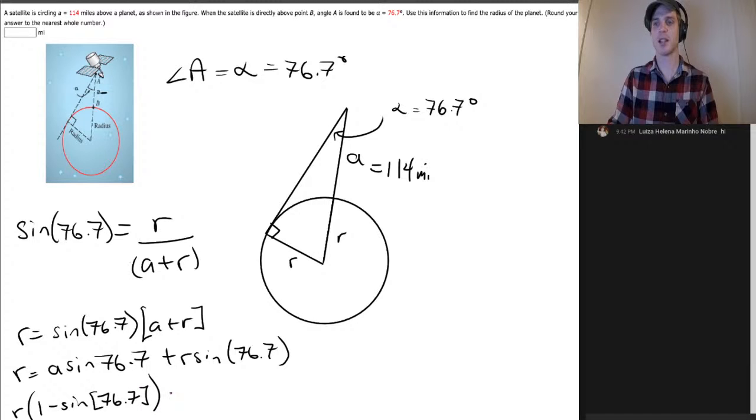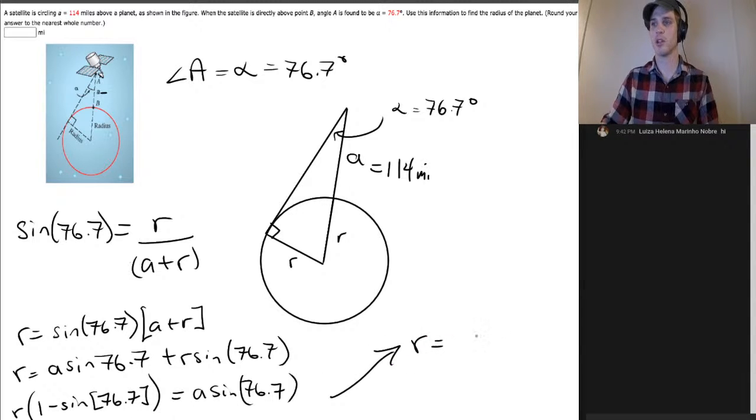This is the same trick from last time. Equals a times sine of 76.7. And then I'll divide by this 1 minus sine of 76.7 on both sides.